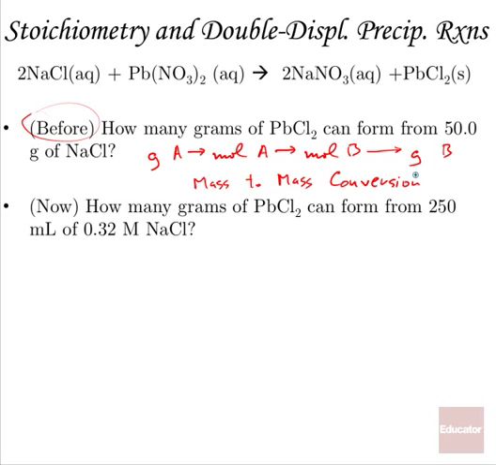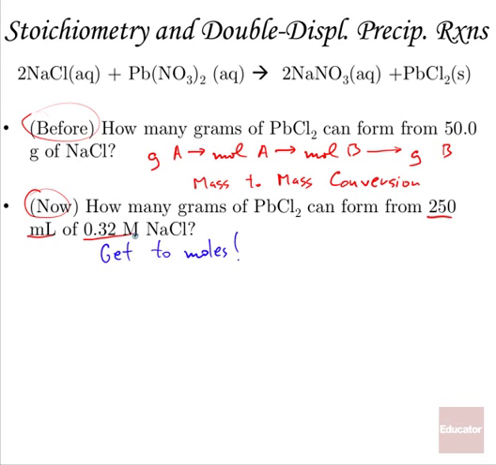Okay, now we're going to change it up a little. And all we're doing is we're asking the same problem, but now we're going to incorporate molarity. So now, how many grams of lead 2 chloride can form from 250 milliliters of 0.32 molar NaCl? All right. Remember, what's always the first step in a stoichiometry problem is to get to moles. So we have 250 milliliters and we have 0.32 molar.